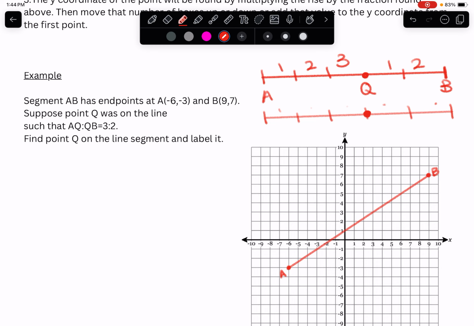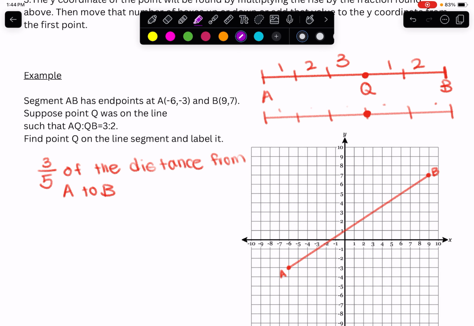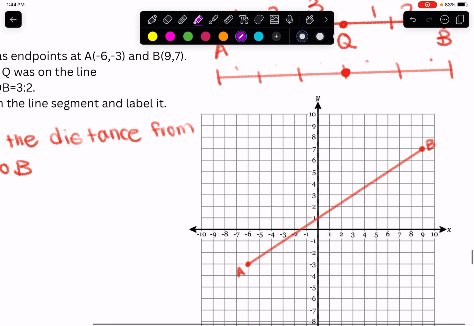So we're actually looking for the point that is 3/5 of the distance from A to B. So what I'm going to start with is I'm going to highlight my run and my rise to get from A to B.